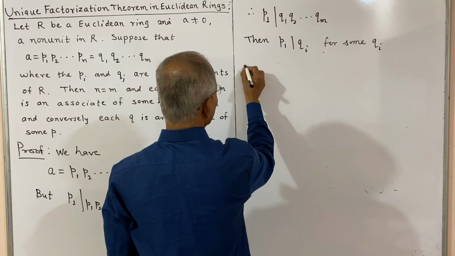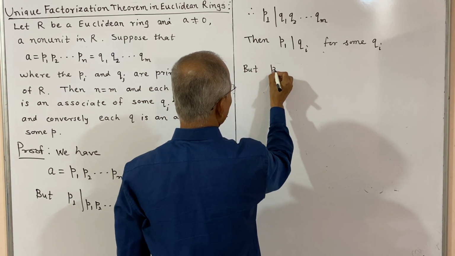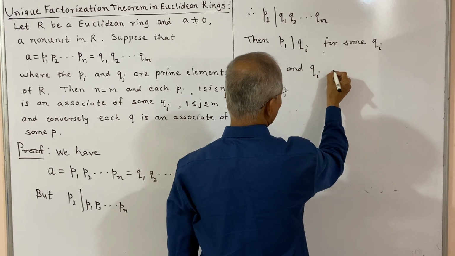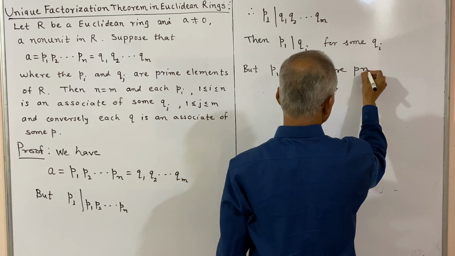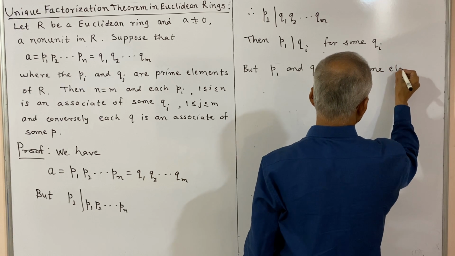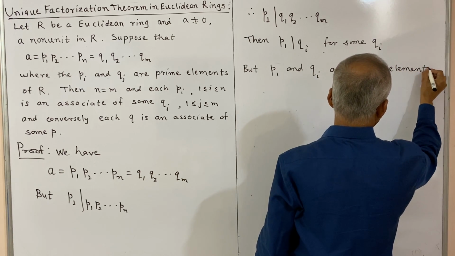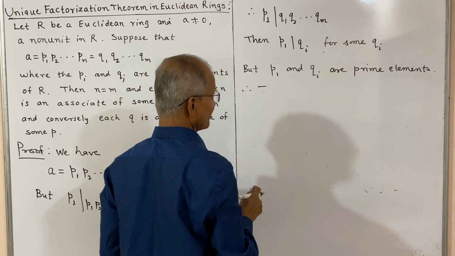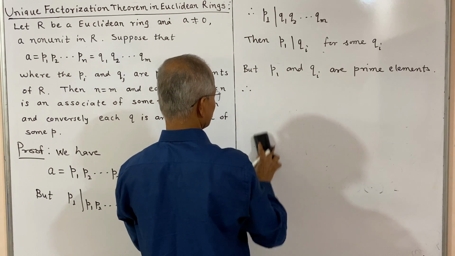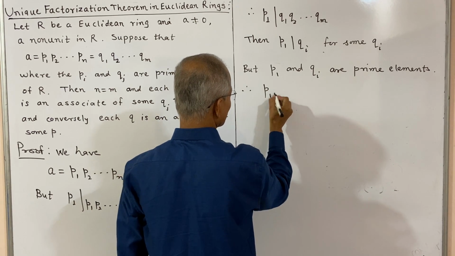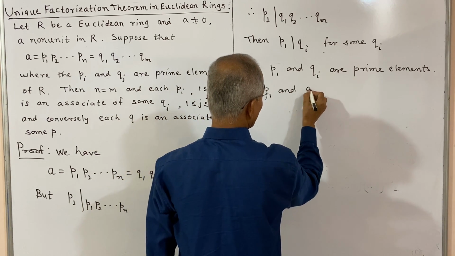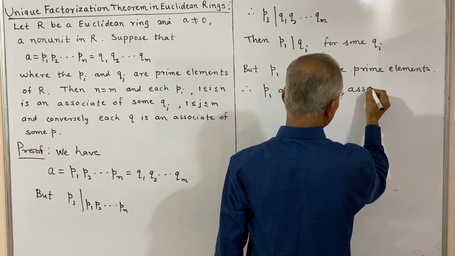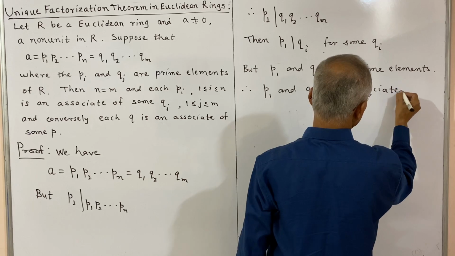P1 and Qi are prime elements, and therefore P1 and Qi are associates.